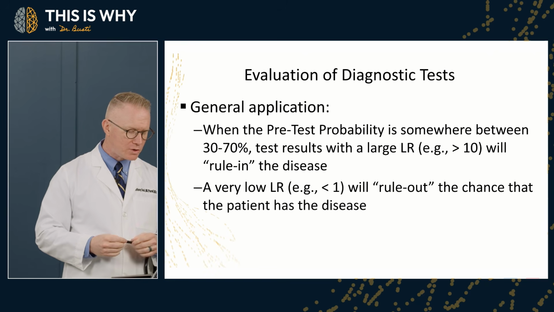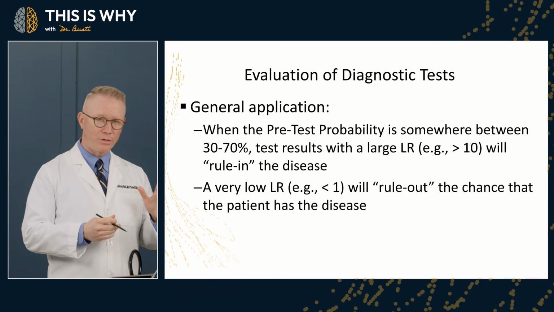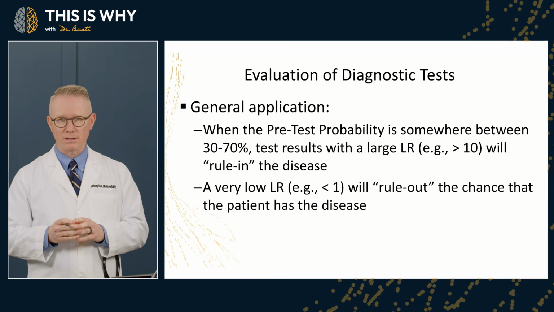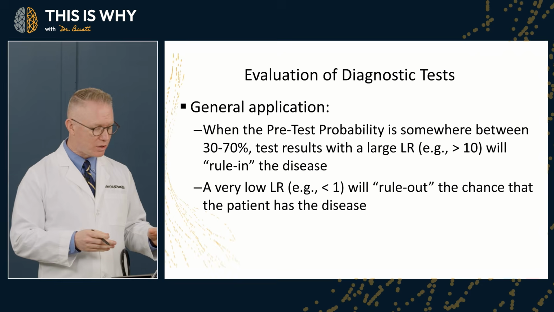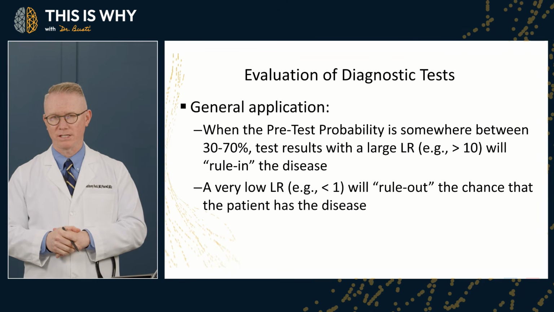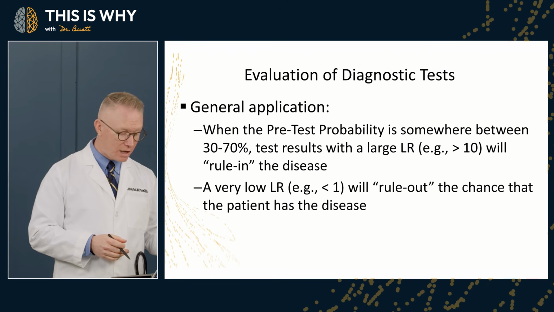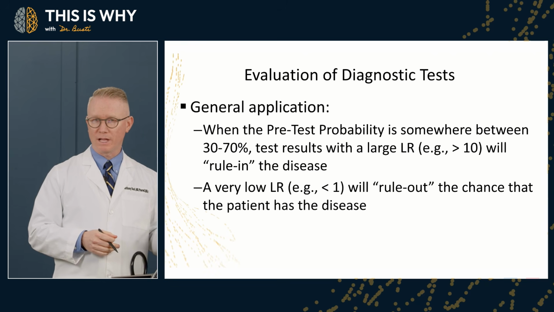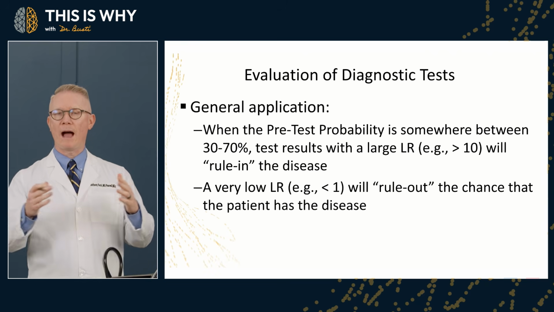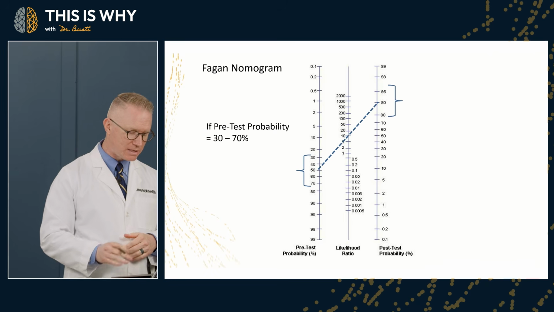Okay? So when the pretest probability is somewhere between 30 and 70%, right, test results with a large likelihood ratio will rule in disease. Okay? A very low likelihood ratio, less than 1, will help you to rule out the chance that the patient has the disease.